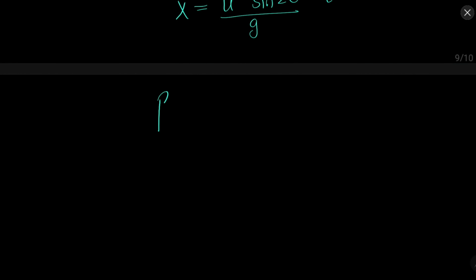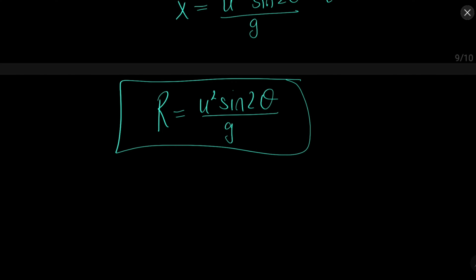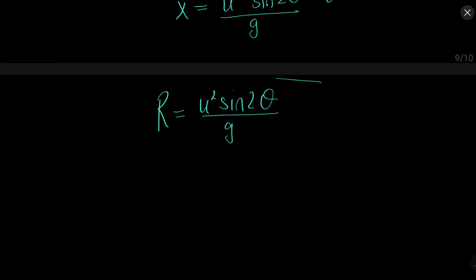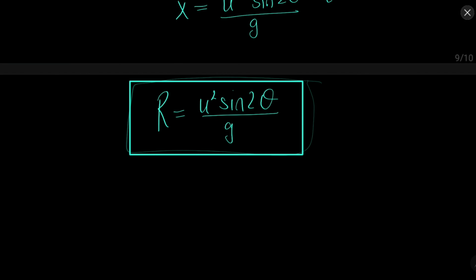So ultimately this is our range, the maximum horizontal distance. The range is equal to u square sin 2 theta by g. So this formula is for the range. Now similarly we can find the formula for the height or the topmost point.